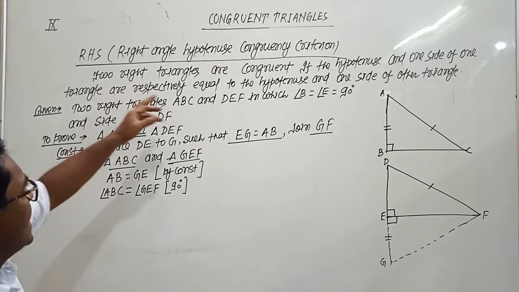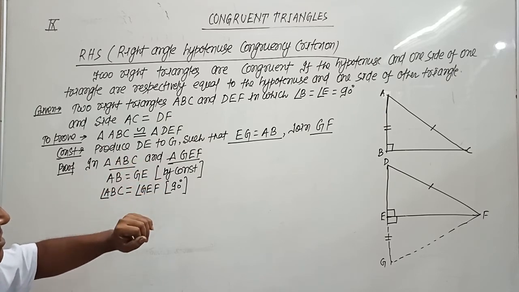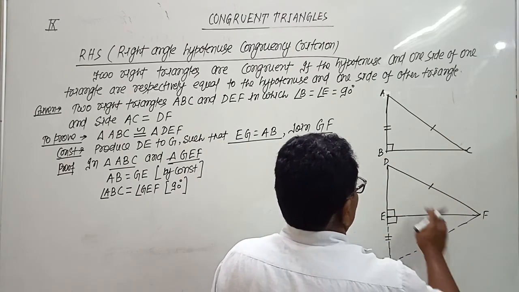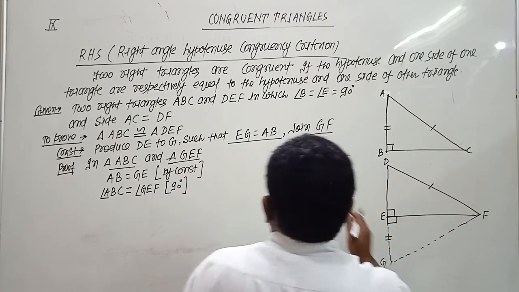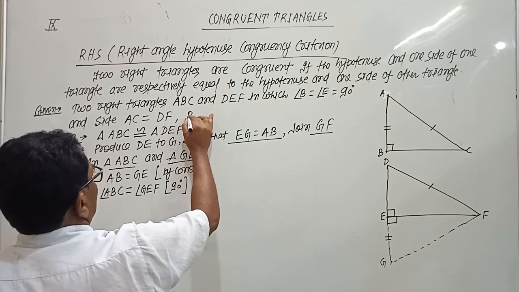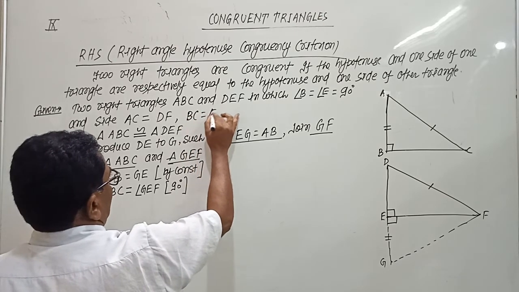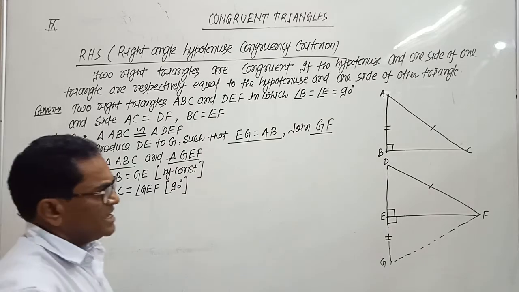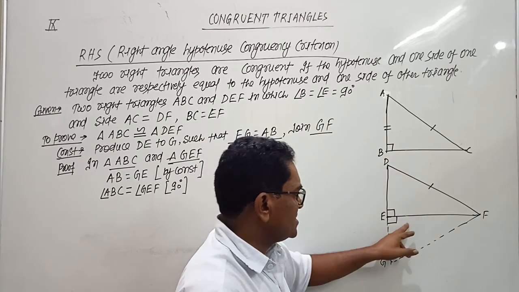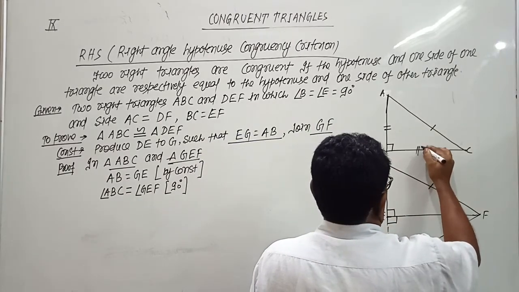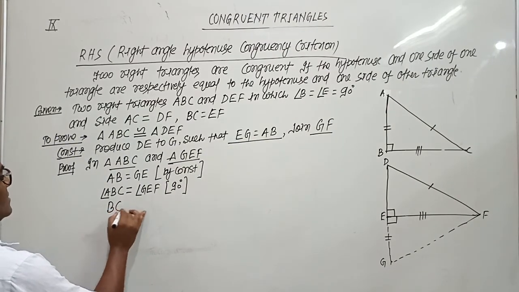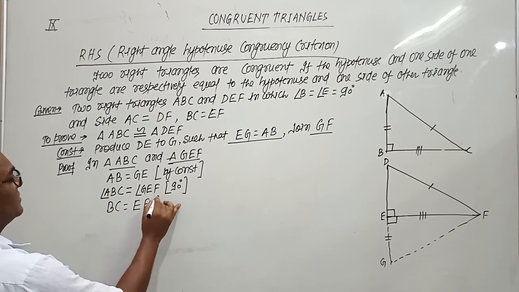This is also given. So side BC equals EF, given.